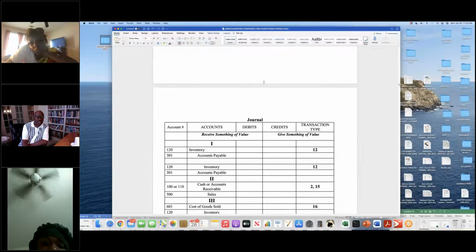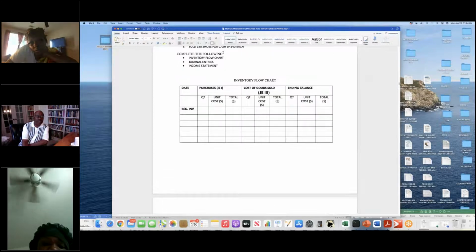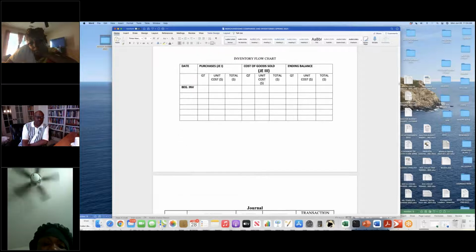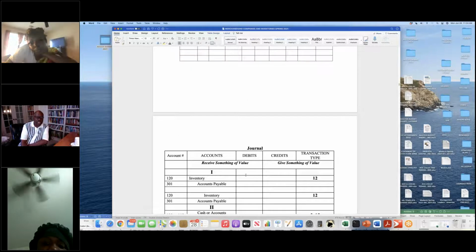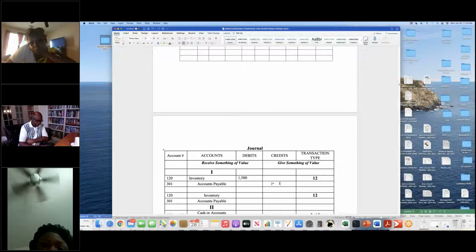Is that $1,500? Yes. So we're going to debit inventory for $1,500 and credit accounts payable for $1,500.